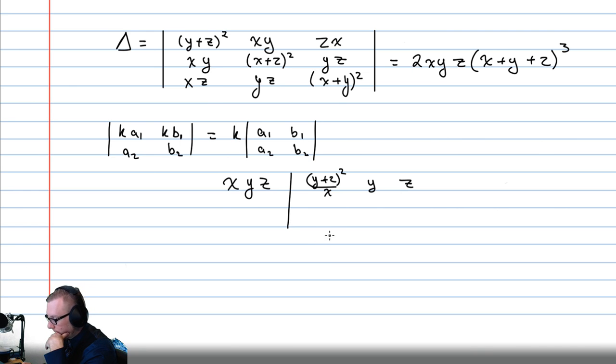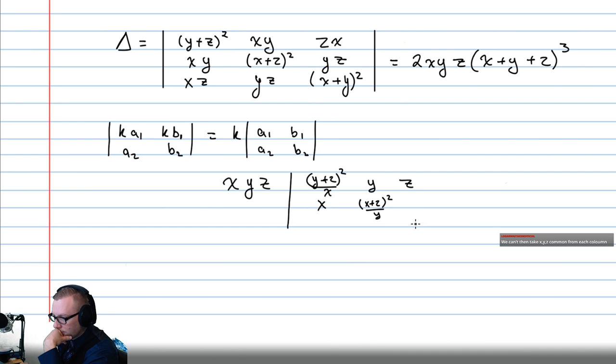Does this really change much, make it better? x plus z squared over, what did I take out of this one, y? Each column?